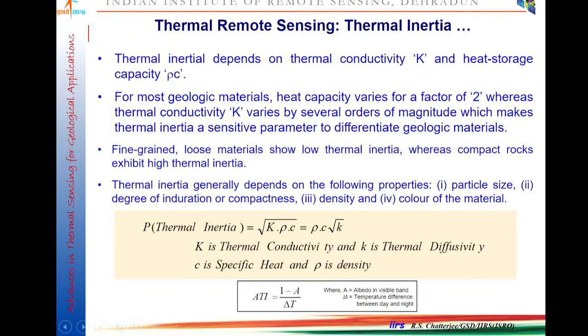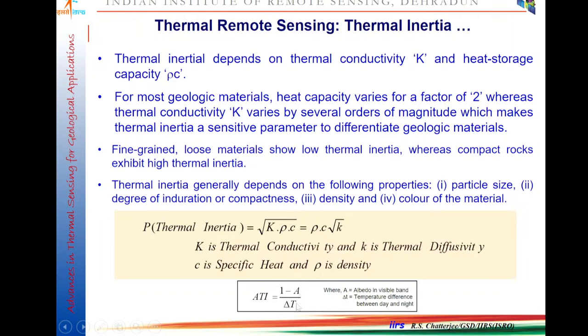So 1 minus A means 1 minus reflected energy, the energy which is going inside the system to raise the temperature. Similarly, if you extract this heat, then it will try to decrease the temperature. That is the other case. So 1 minus A means the total energy minus the reflected energy, divided by delta T.